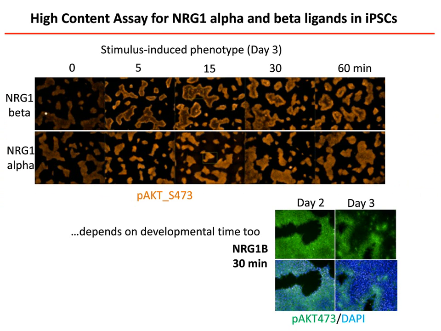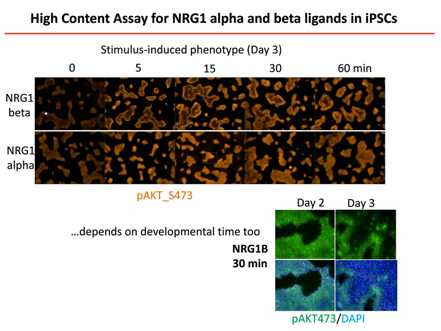So to set up the system, here what we're doing is stimulating with neuregulin 1 beta and neuregulin 1 alpha below. The consequence of stimulating iPS cells with these two ligands is completely clear. So with neuregulin 1 beta on the top, what you see is that the colony perimeter has a much stronger signal. And here we're measuring phosphorylation of AKT on serine 473.